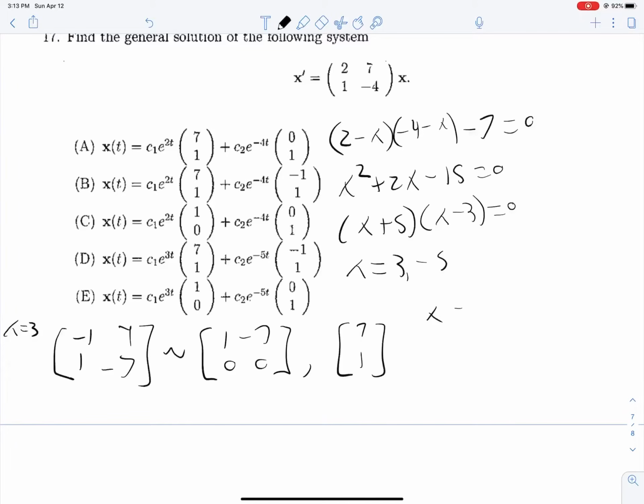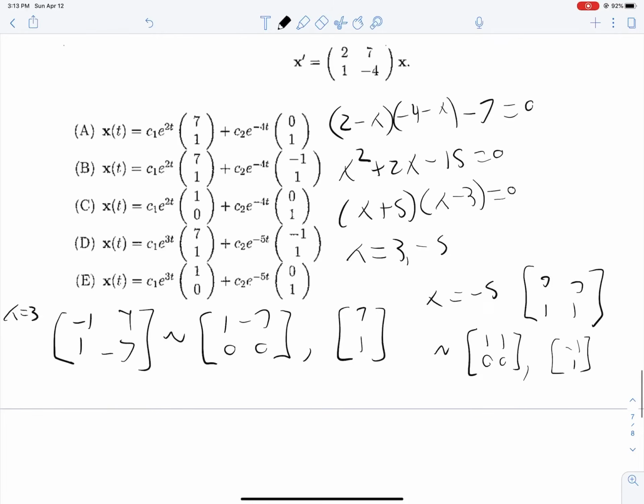For lambda is equal to negative 5, A minus lambda I will give us 7, 7, 1, 1. Simplifying that down, 1, 1, 0, 0. And so our eigenvector is negative 1, 1. And we are good to go.